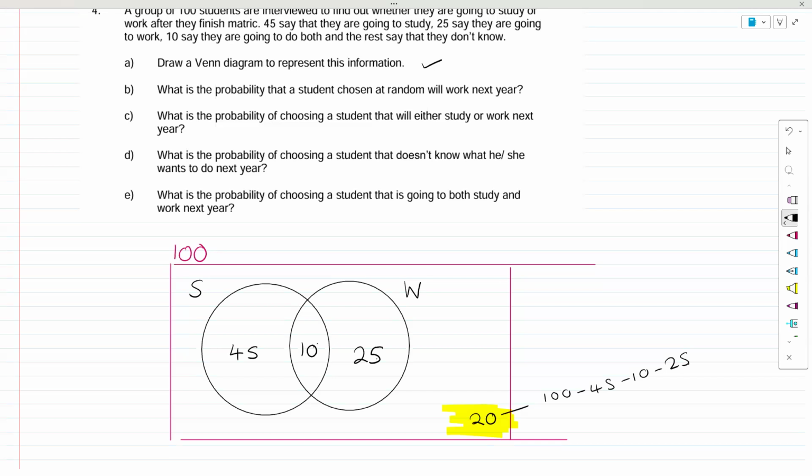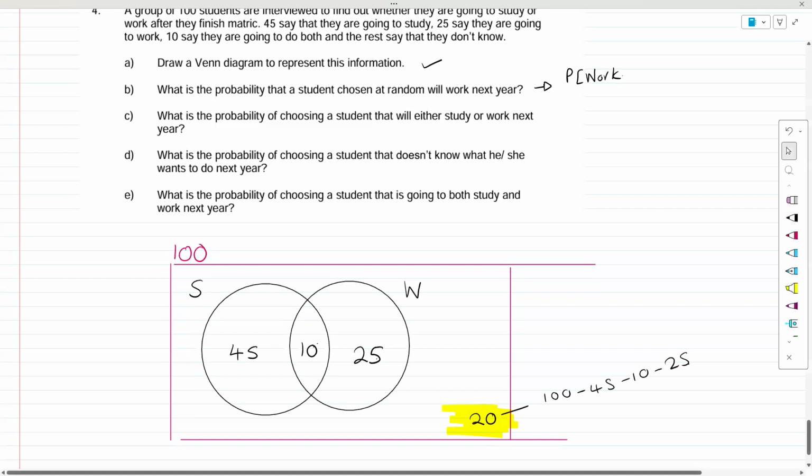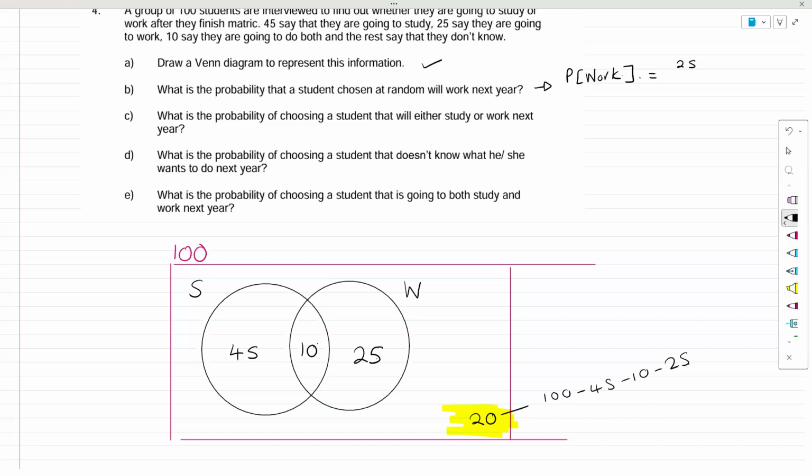Okay. Now what is the probability that a student chosen at random will work next year? Okay. So the probability of somebody working would be, quite simply, I want you to look at this. It does not say work only. It says work. So the entire circle for work is 25 plus 10 over 100, which is 0.35.